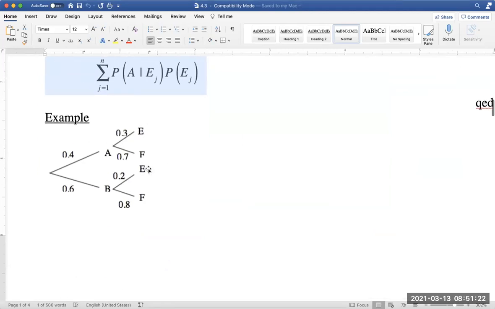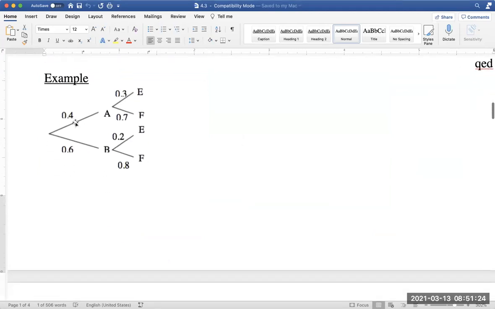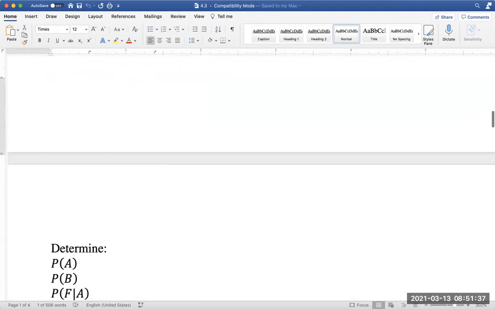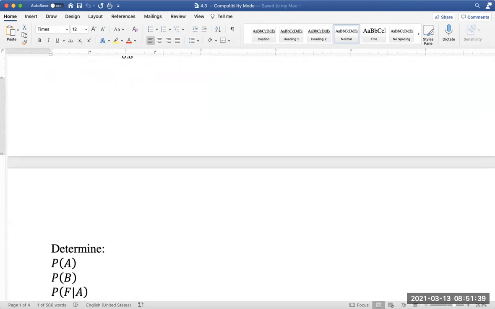So let's do an example. You're given the following tree diagram. I have here A, B, and events E and F. Let's try to make it a little bigger so I can see this.